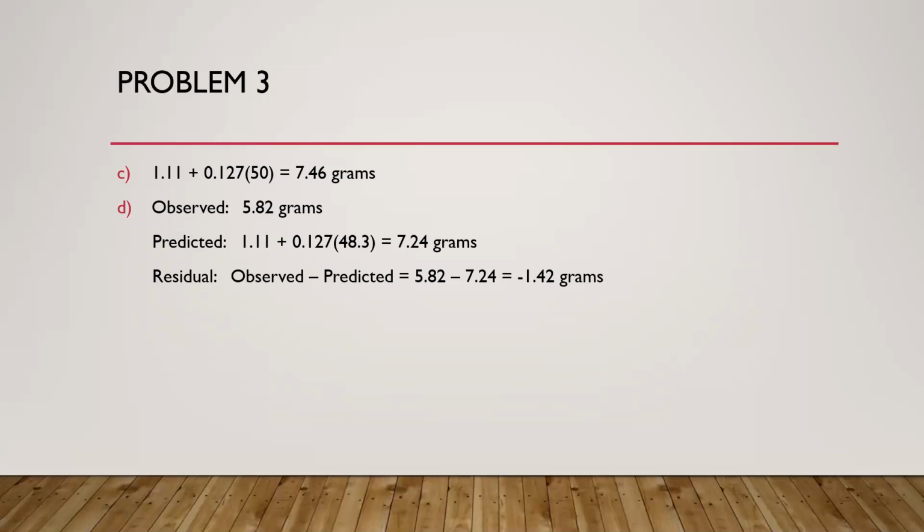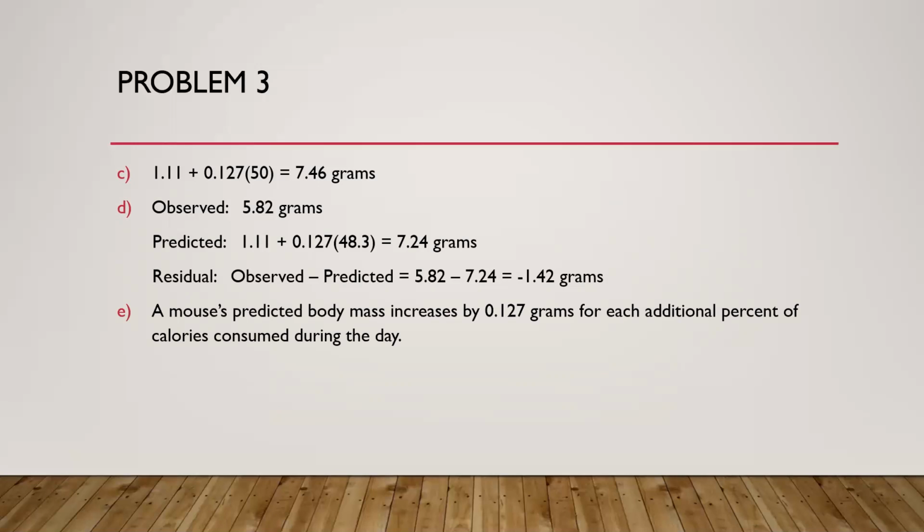Now in part E, it asks us to interpret the slope. The slope of that regression equation would have been the 0.127. So we would say the mouse's predicted body mass increases by 0.127 grams for each additional percent of calories consumed during the day.